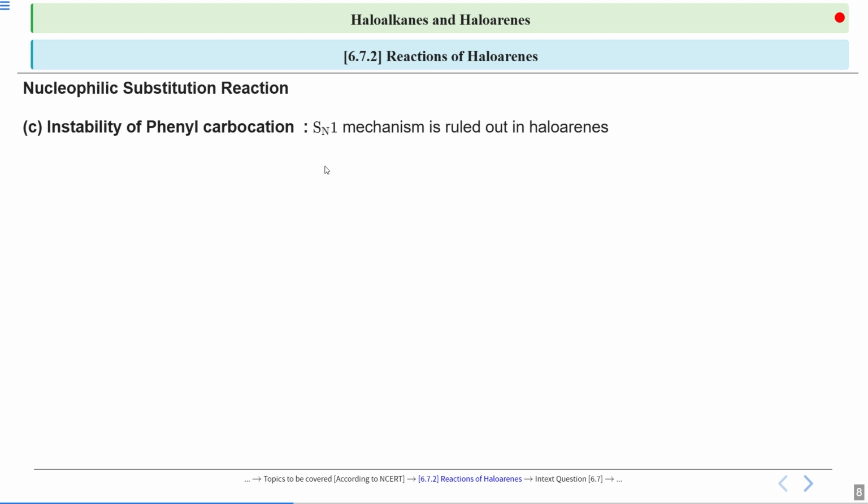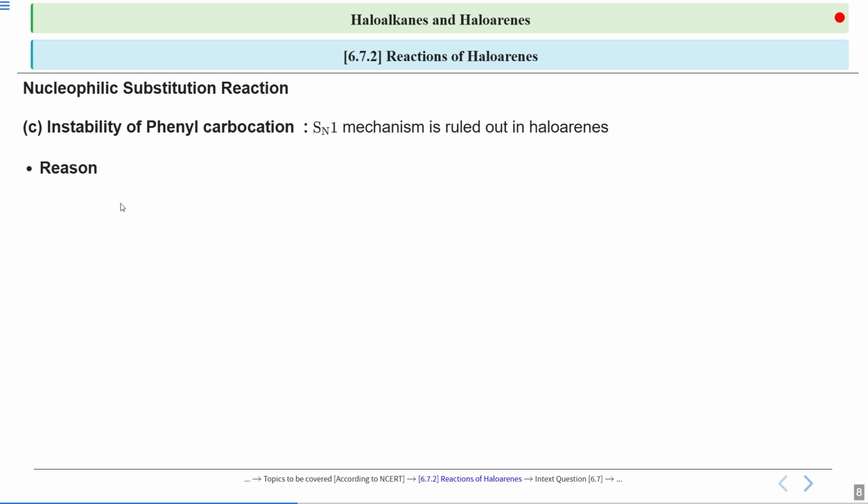It happens in two steps, where the first step involves the carbocation formation and it is the rate determining step, where the rate is dependent upon the alkyl halide concentration, right? So the phenyl carbocation is unstable, due to which the SN1 mechanism is ruled out in the case of haloarenes. So haloarenes don't show the SN1 mechanism.